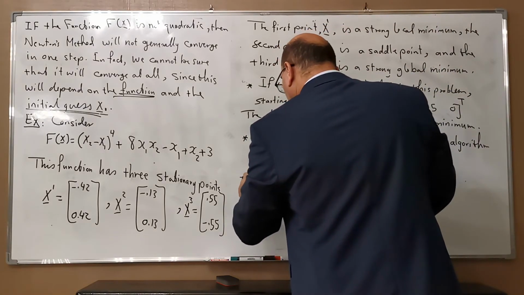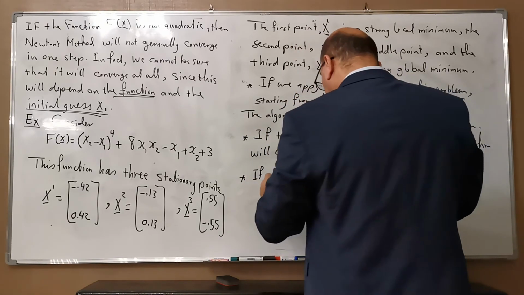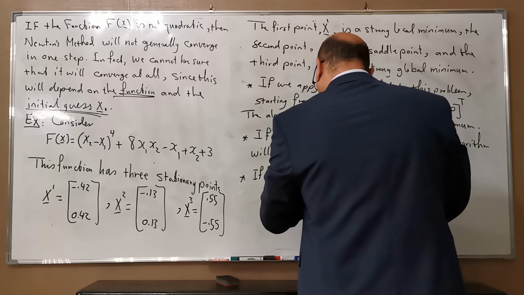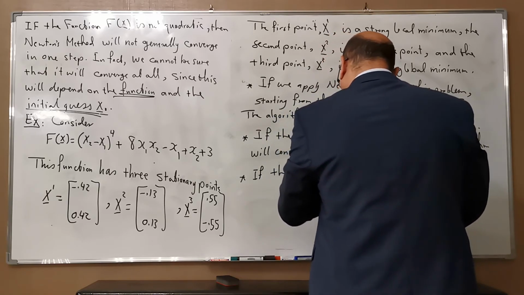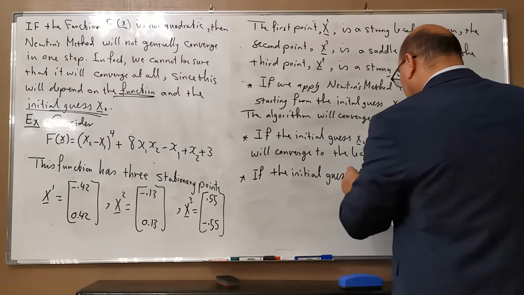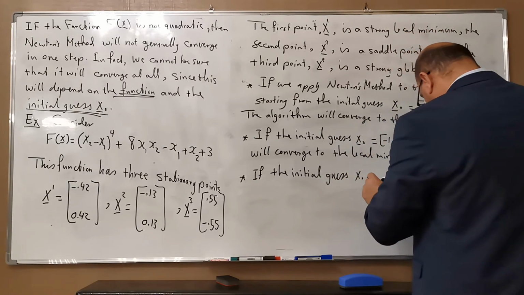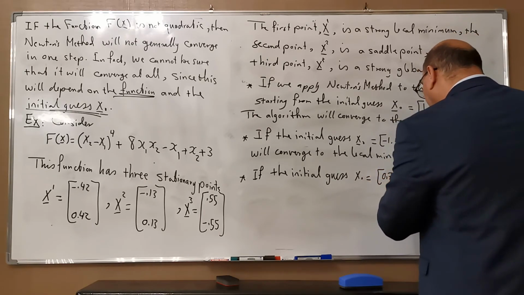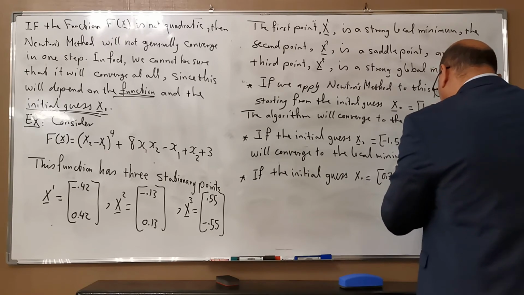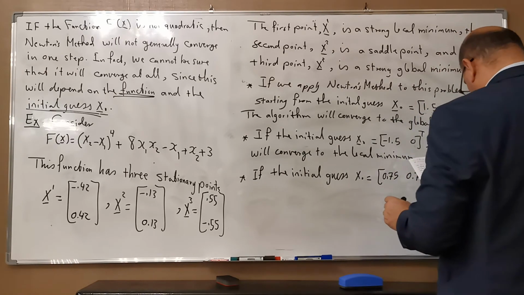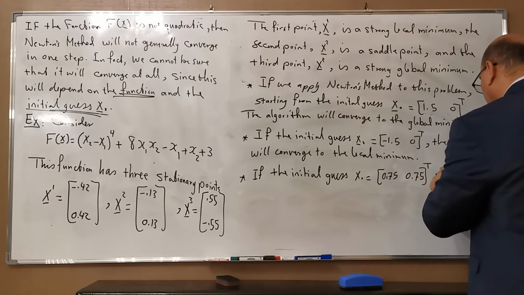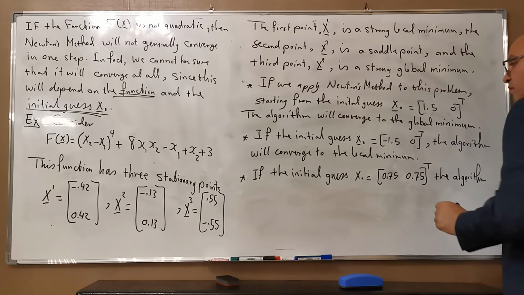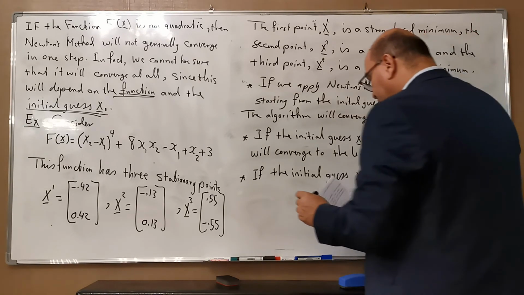And if the initial guess x0 was equal to 0.75 and 0.75 transpose, the algorithm will converge to the saddle point.